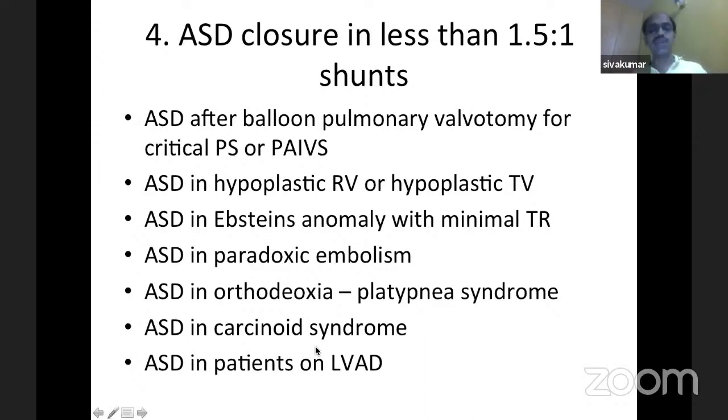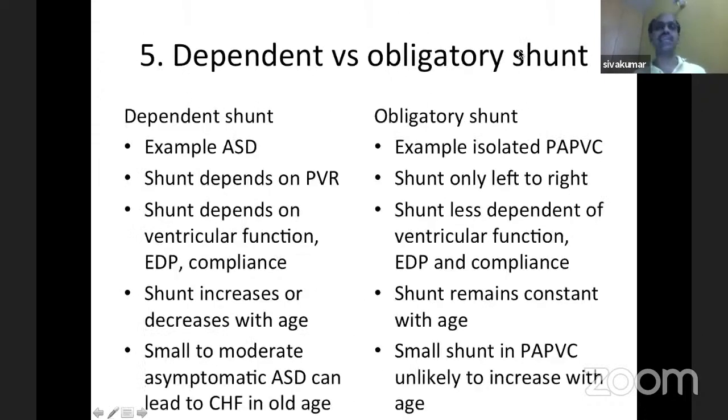A carcinoid syndrome with a small ASD can cause pathological neurotransmitters from the intestine and liver to cross into the left side and affect the mitral valve and aortic valve. Similarly, ASD is closed, even if it is small, in patients on left ventricular assist device. If you are sucking the blood from the left ventricle and you are keeping an ASD open, the blood will shunt from the right atrium to the left atrium and you need to close the ASD. So there will sometimes be an indication for closing the ASD even when the shunt is less than 1.5.